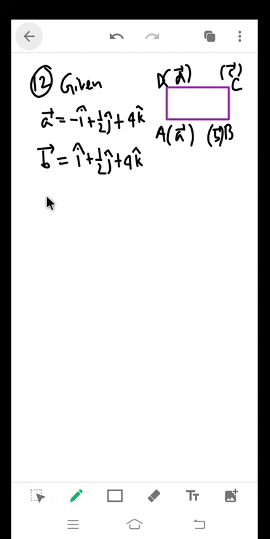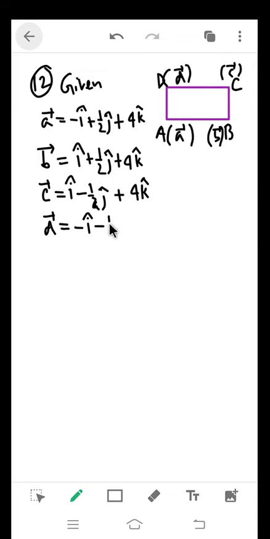The third one, that is C, is given as i cap minus half j plus 4k. And the last one, vector D, is given as minus i minus half j plus 4k.